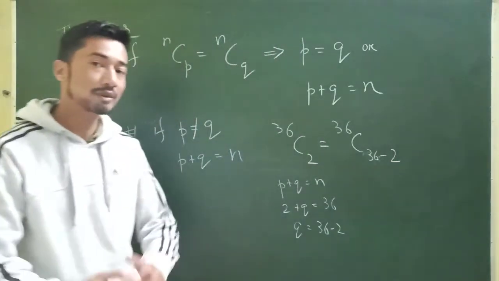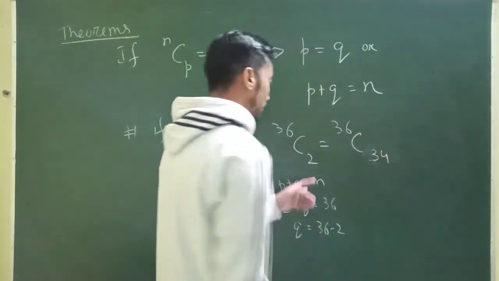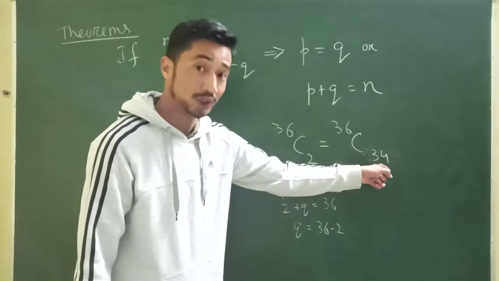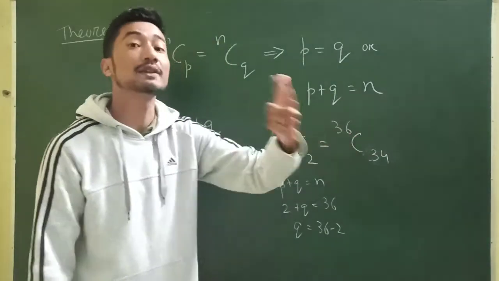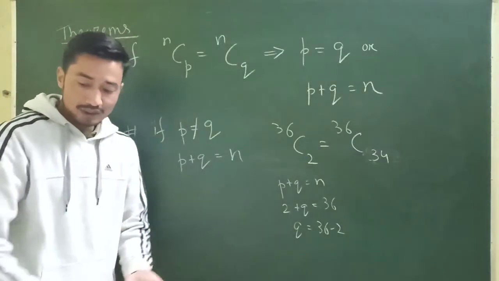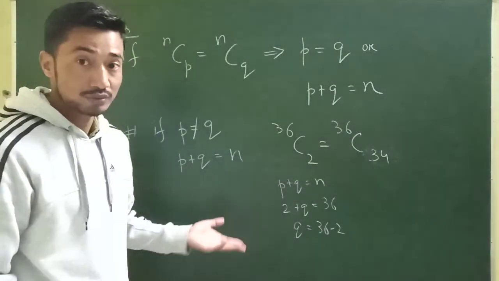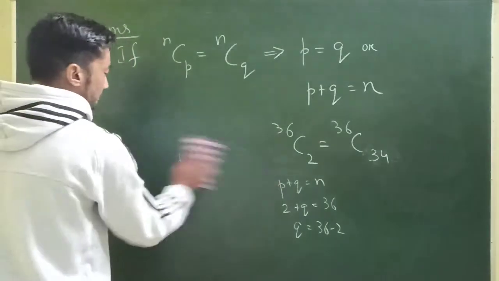That's what we call complementary. So that is 34. So p plus q should be equal to n if p is not equal to q. So it just complements our first theorem, but it's quite useful in calculations.